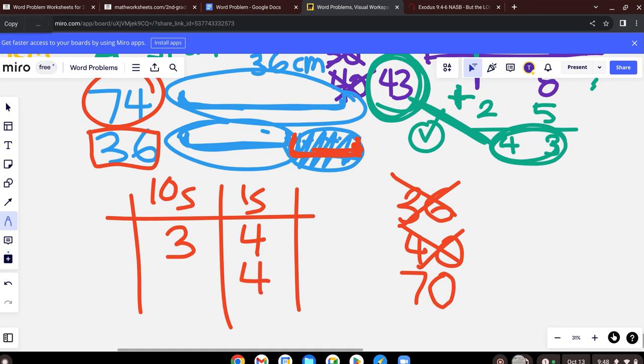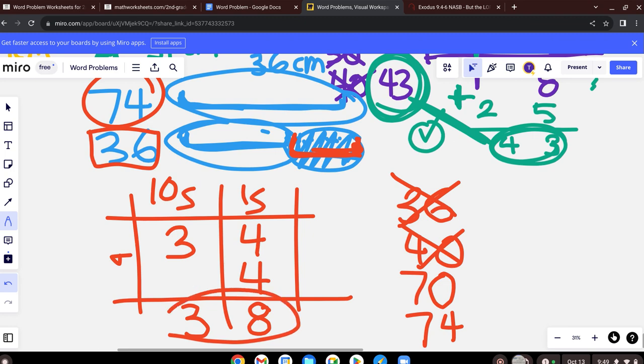That equals 74. So let's total it all up. How many ones did you count in total? 4 and 4 is 8. And how many 10s? 3. So 38. This missing part is 38.